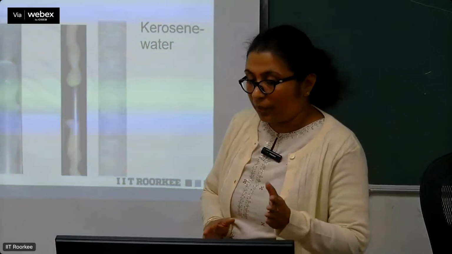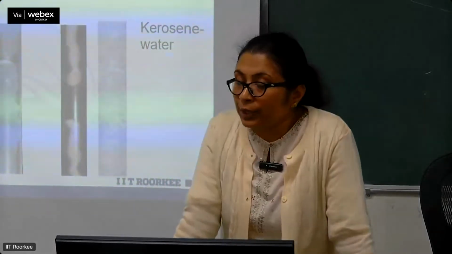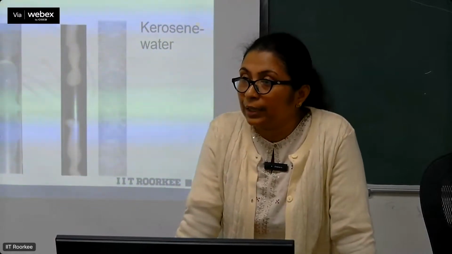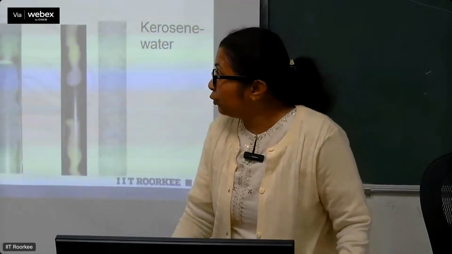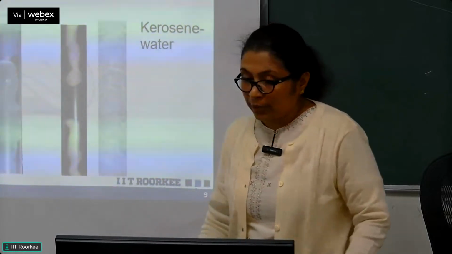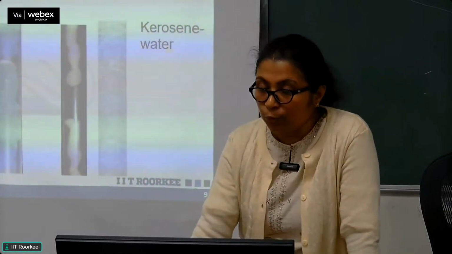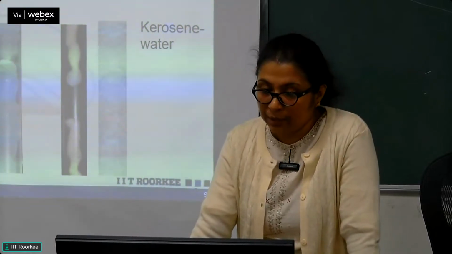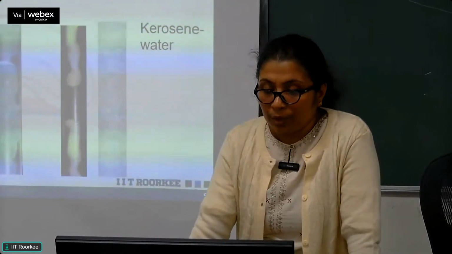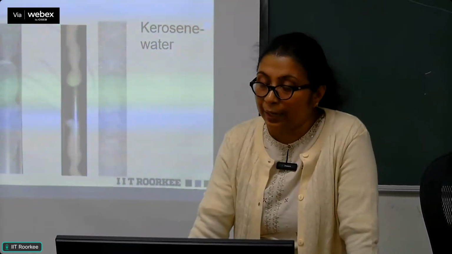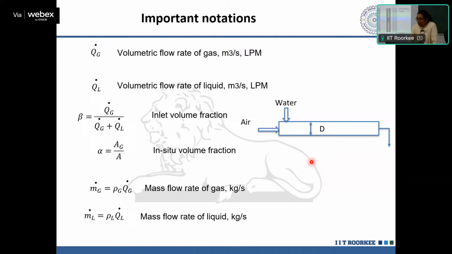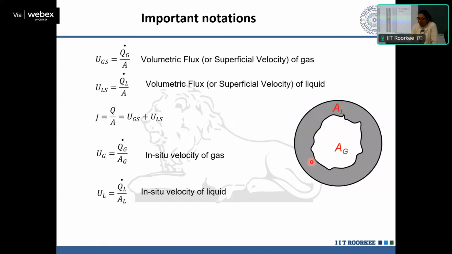So this is an example of how the physical properties affect flow in a macro channel. What happens if you change the physical property in a macro channel? Some quick examples before we move on to our main discussion. These are examples where the experiment is carried out with two liquids.